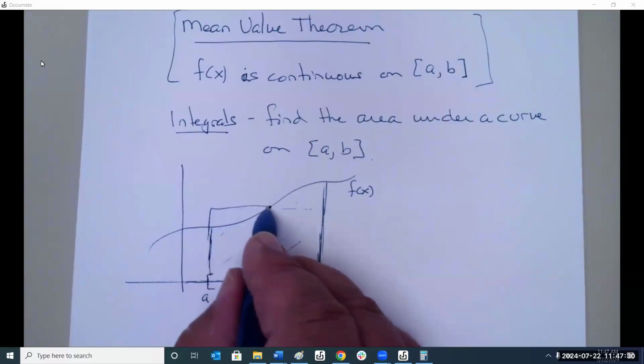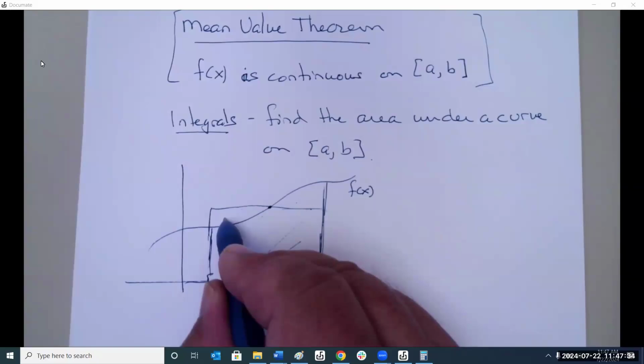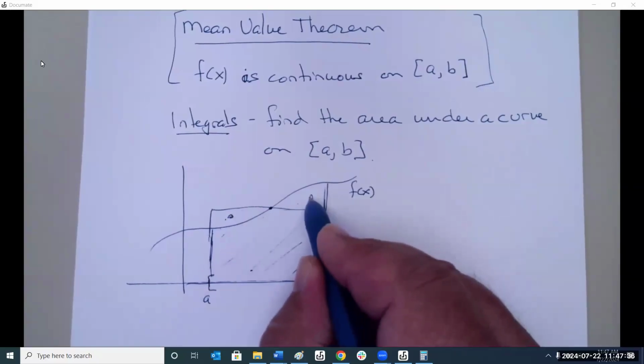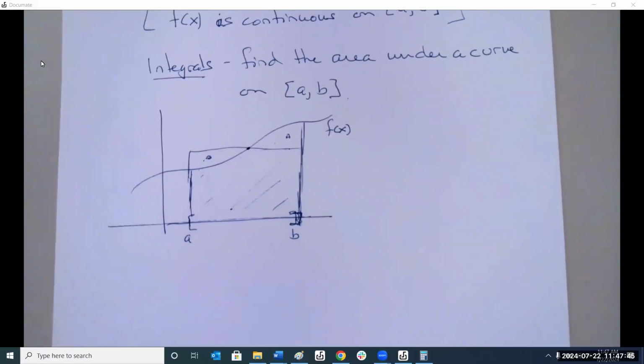Because we're hoping this area is approximately the same as this area. Remember, it's continuous, so it's differentiable at every point in there. So that's a possibility.